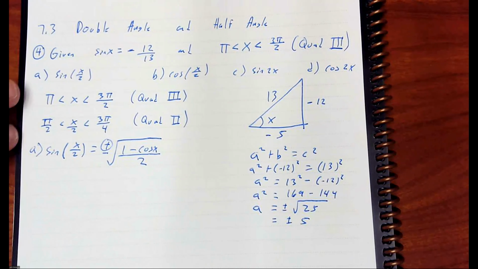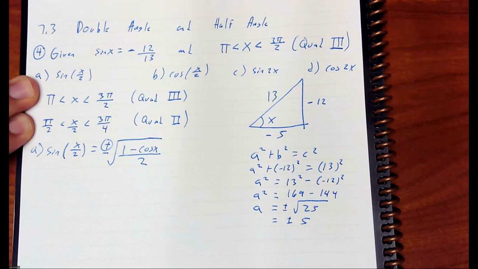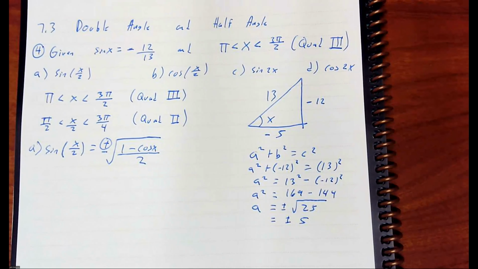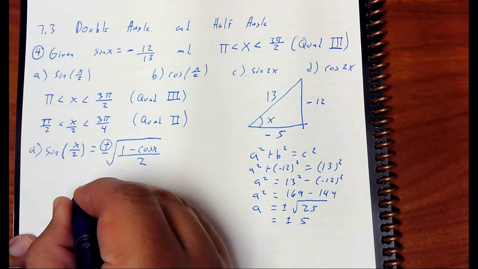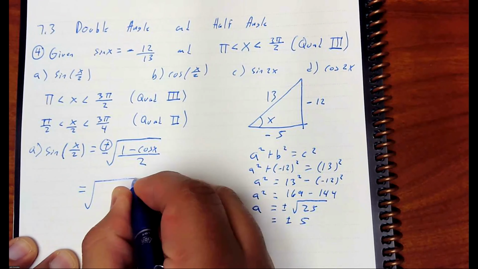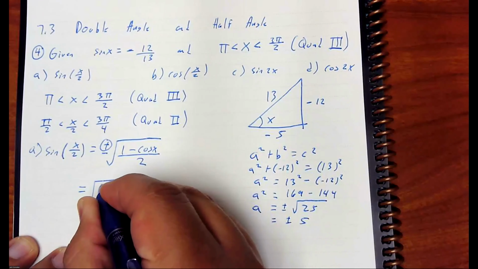Does that make sense? That's the only reason I set this up, so we can keep ourselves organized. At that point, we pick the plus and then plug in your cosine. So this will be 1 minus cosine of x, and cosine is adjacent over hypotenuse, divided by 2.